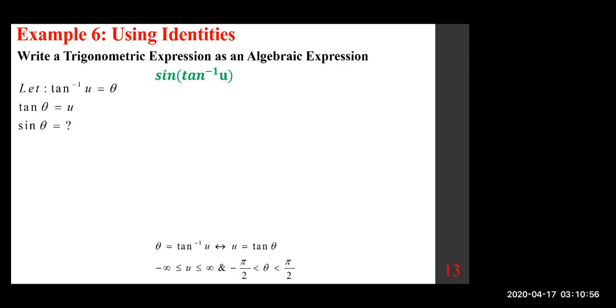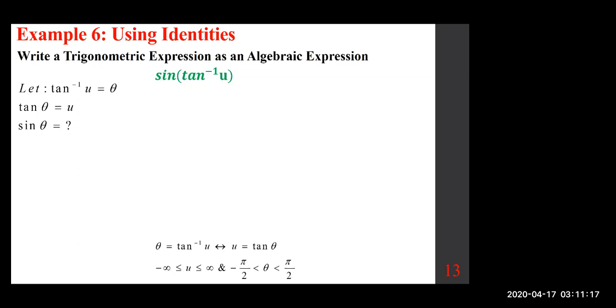So how do we go from tangent to sine? There are a couple of different ways. We're going to quickly look at it from the point of view of identities, and then we can discuss the second method.